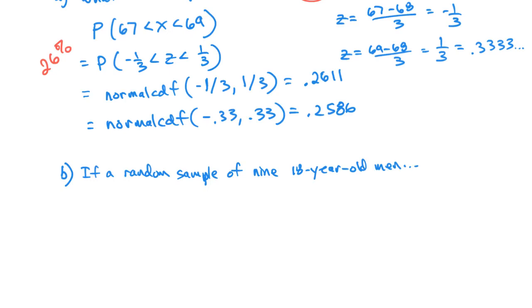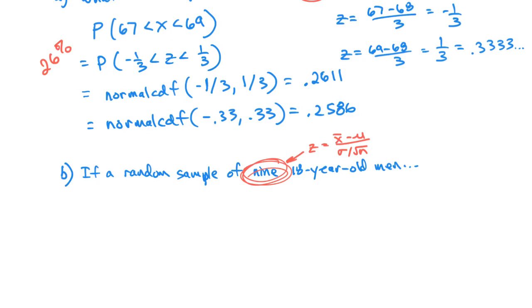But the important part here is 9, right? There's not 1, there's 9. So what we need is our new z-score, x bar minus mu, sigma divided by the square root of n. Because we don't have one individual data point like we did up here. Here we have a sample of 9, so we need x bar.